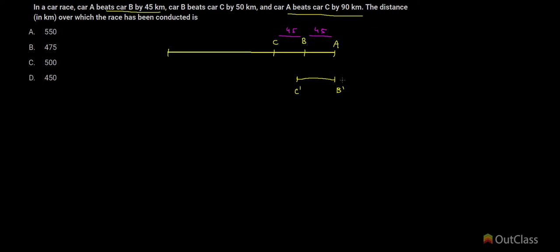Now, what's happening here is by the time B went from here to here, B gained 45 on C. By the time B went from here to here, B gained another 5 on C, so that the total gain is 50.